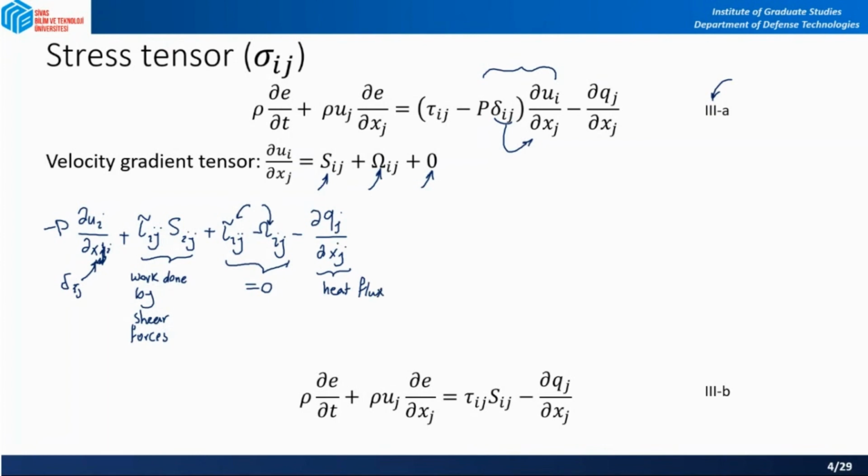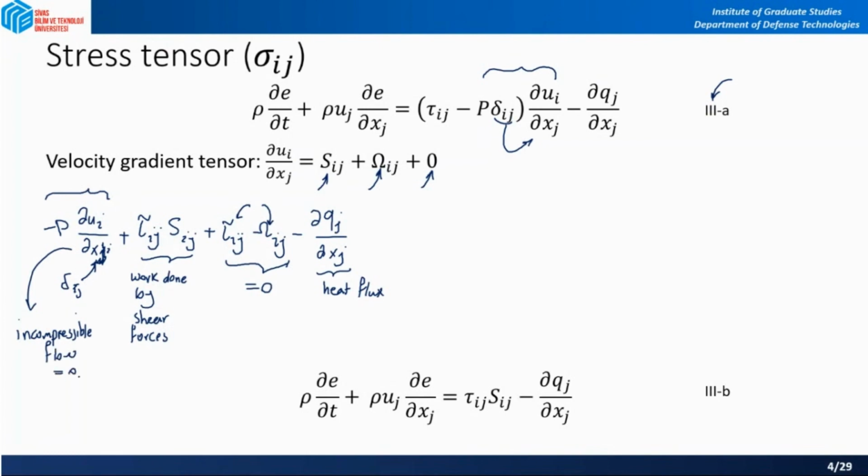So what are the interesting things I just told you? First of all, in the first term, you have minus p dui/dxi. For incompressible flow, this will be zero.